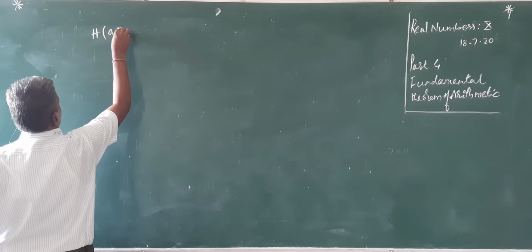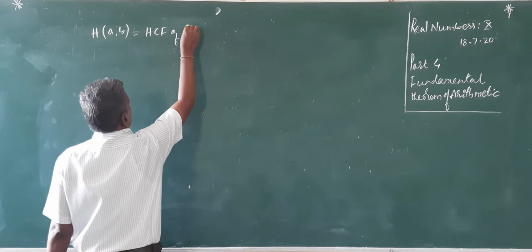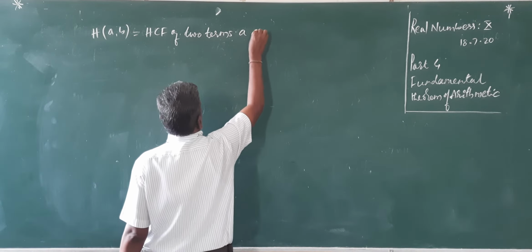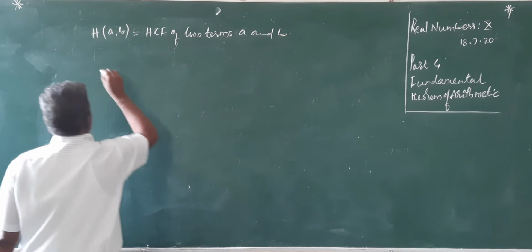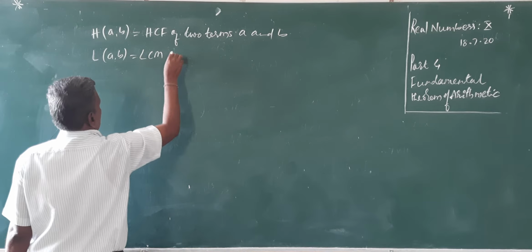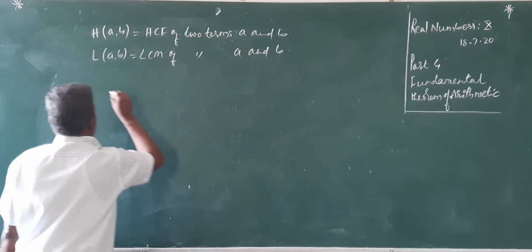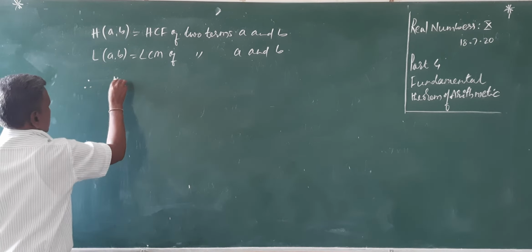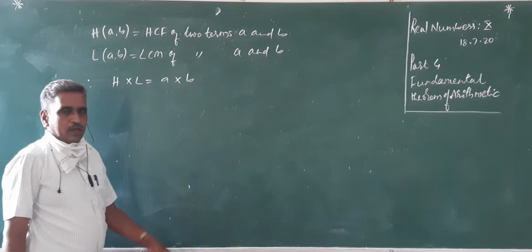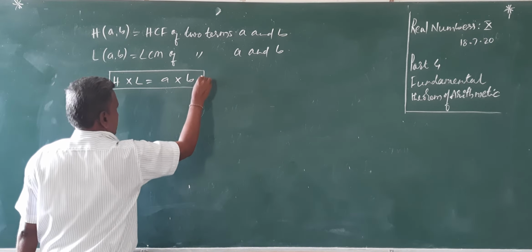H of A and B means HCF of two terms A and B. L of A and B means LCM of two terms A and B. Therefore H into L is equal to A into B. The product of the terms is always equal to the HCF and LCM product.